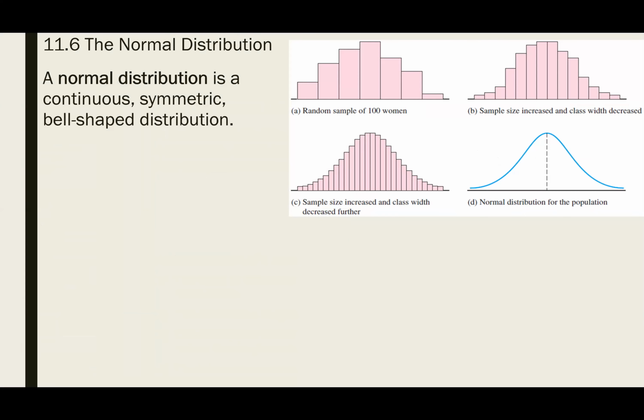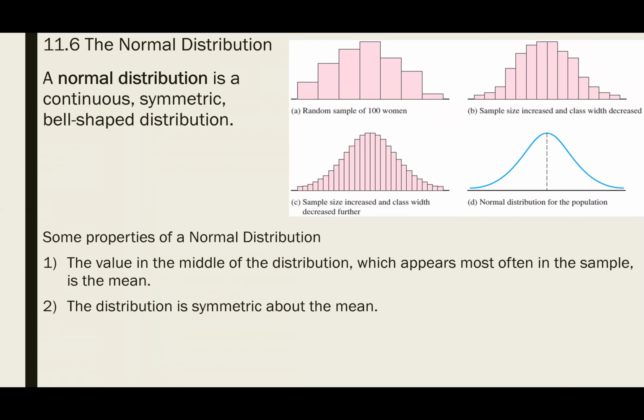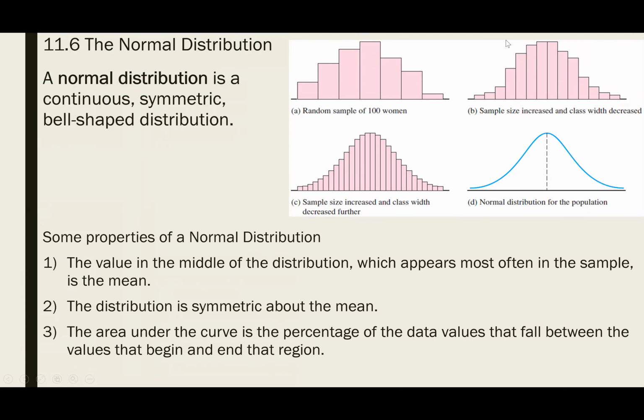So the idea of the normal distribution, ladies and gentlemen, is this: ideally, if you have data, whatever data you try to collect, the mean, the median, and the mode will be at the same location.